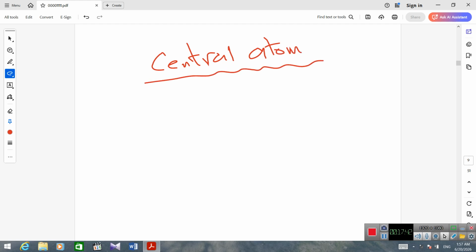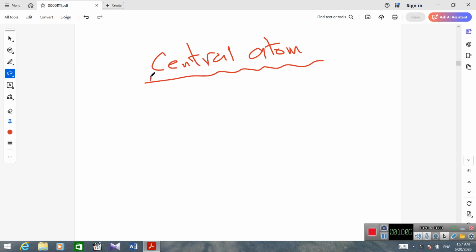We must select the central atom. The central atom is the atom that must be in the center of the atoms, and other atoms must be around it.